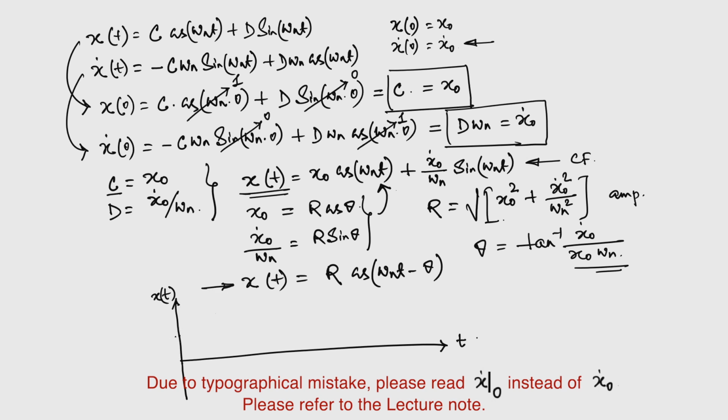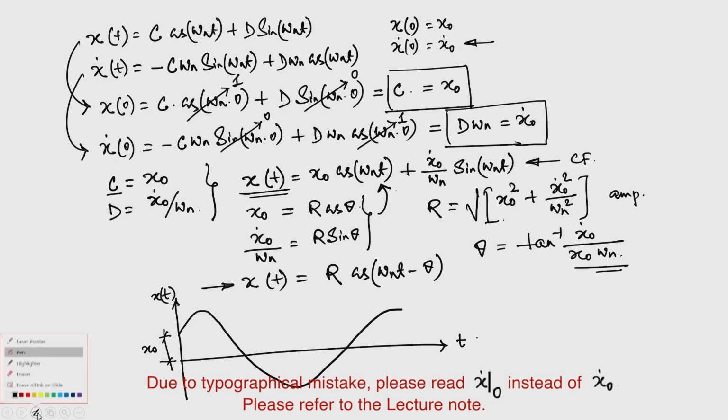At t equal to 0, we have x naught. So, this is our x naught, and then it actually goes like a sinusoid. So, this angle, if you draw the tangent here, this angle is x naught dot.